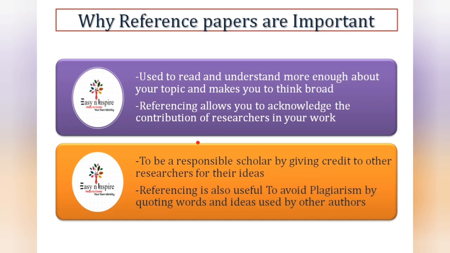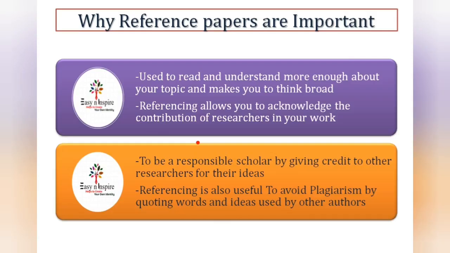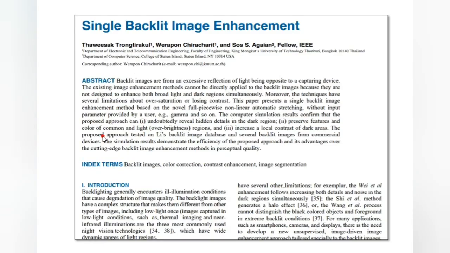So start reading them. Next, again I have mentioned some important points here. List out all the keywords in your base paper, search them and learn more and more about your keywords. I'll show you. So index terms, these are the keywords in your base paper.